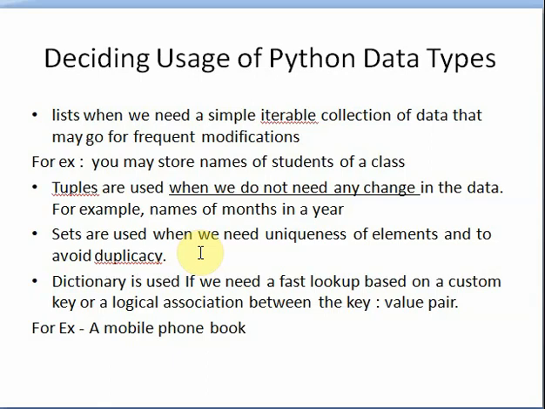Why? Because for each student there is only one roll number. That roll number is not going to repeat. So each roll number is distinct. So in this case you can choose set.